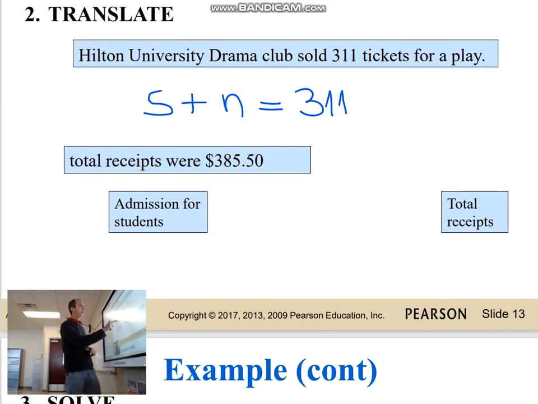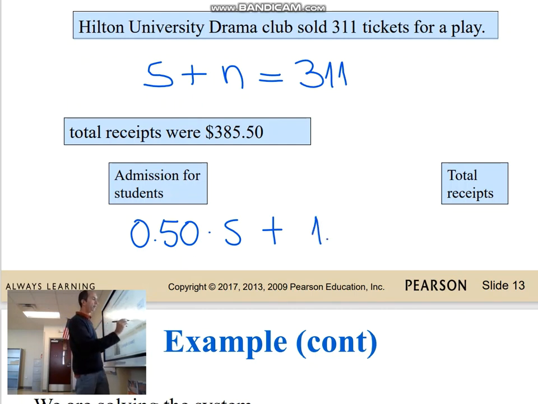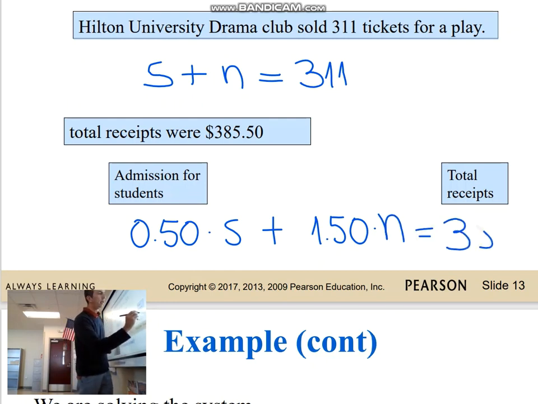The total receipts were $385.50. So the admission for students is 50 cents times the number of students S, plus the admission for non-students is 150 times N, and the total receipts 385.5.